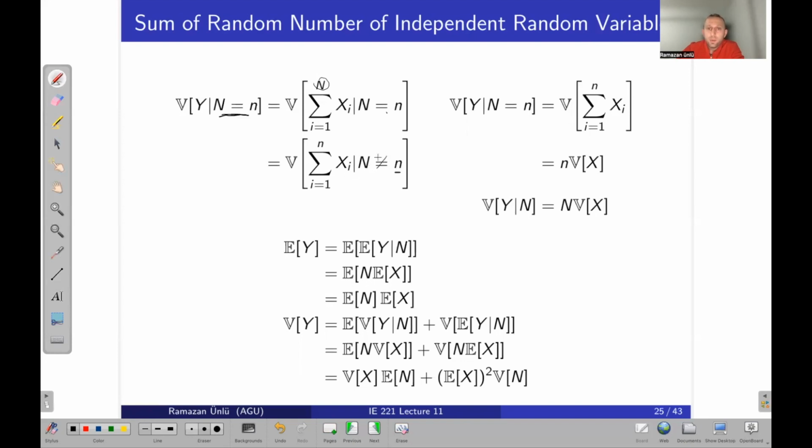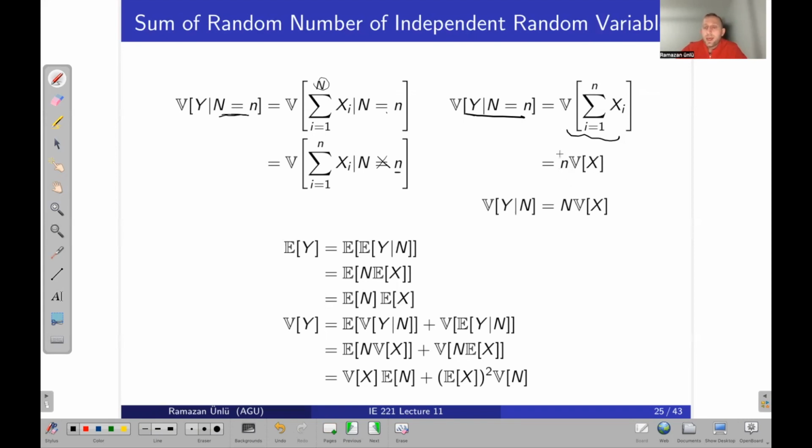Again, I can ignore that one because the X's and N are independent. That means the variance of Y given N equal to n is equal to the variance of the summation of Xi. Because they are independent and identical, I can rewrite this as n times the variance of X. So the conditional variance of Y is equal to the number of random variables times the variance of the random variables.